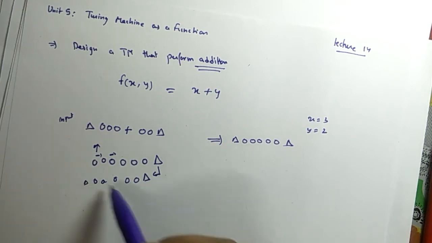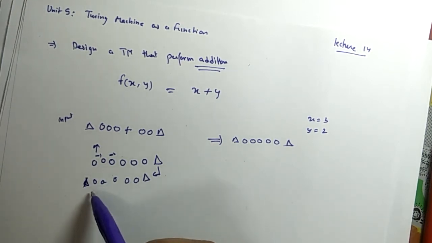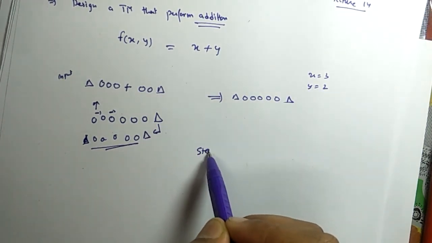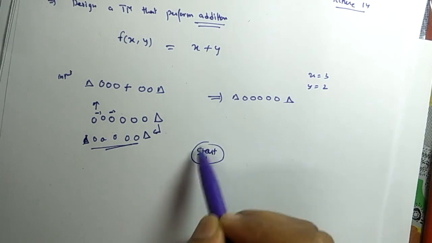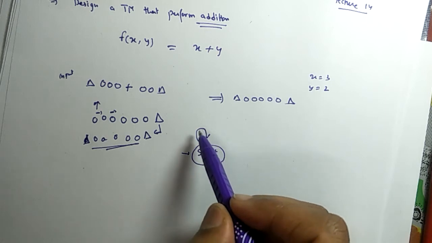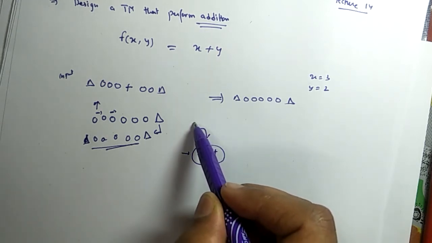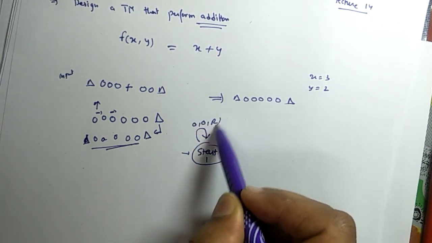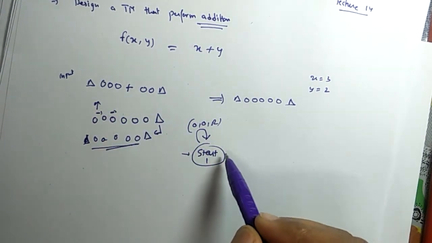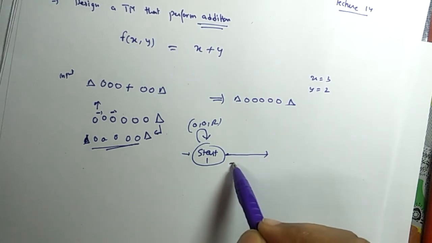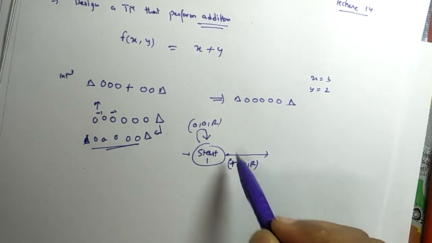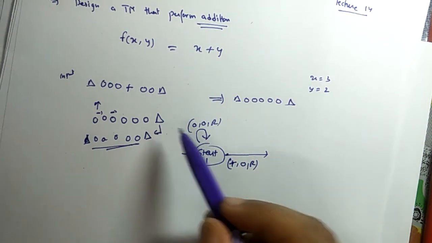So this will be the final output. We will design it as follows. We are on the start state. We will get some zeros. We will leave zeros as zeros and move to right. We will get plus, and we will convert this plus to 0 and move to right, because we need to reach this corner.